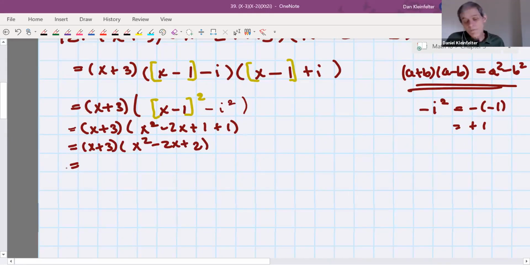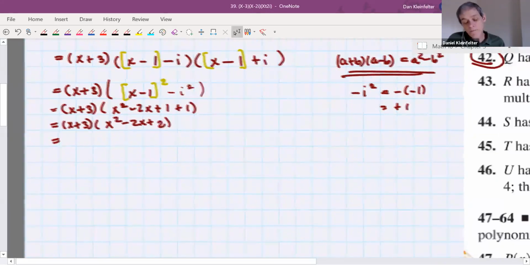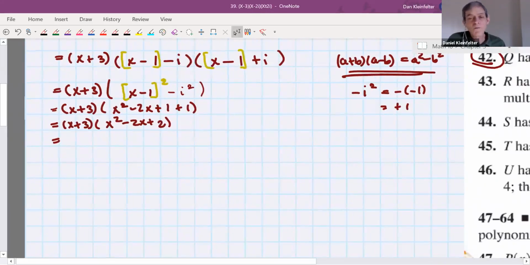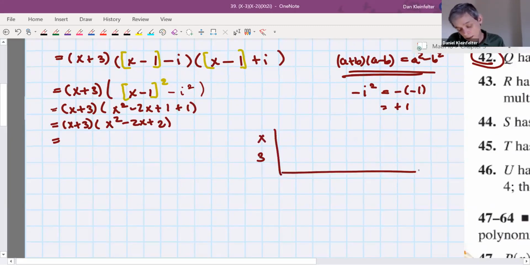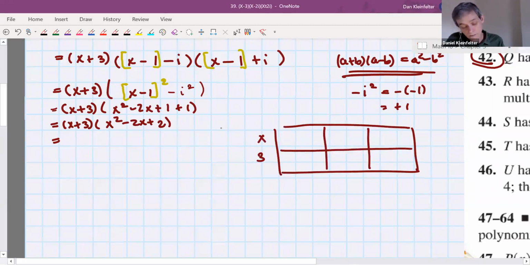Okay, so now we need to multiply this all out. You can use a box method or the distributive property, whatever you like. I'm going to use the box method this time. So I'll make a box that has 2 rows and 3 columns. I put the add-ins for the x plus 3 down the left side, and the add-ins for the second factor across the top. We're going to multiply to fill in the boxes.